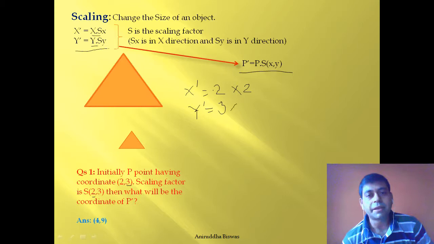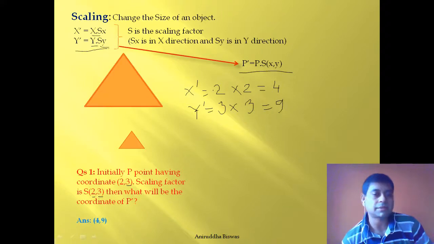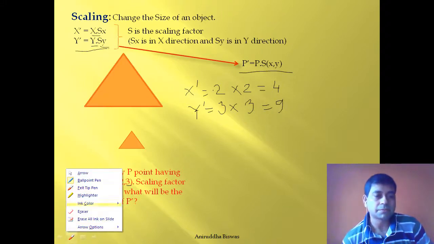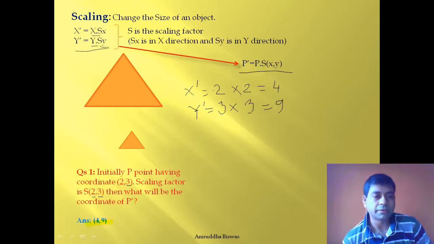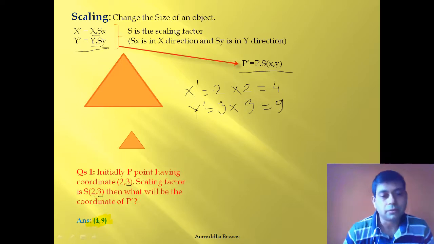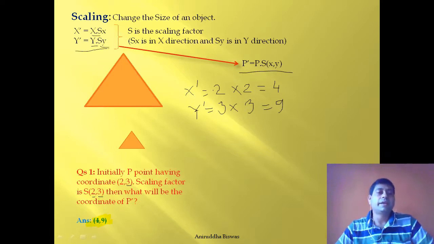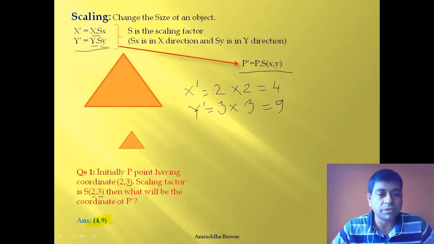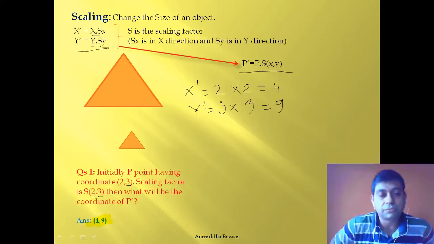We'll multiply it by Sy, and the value of Sy is again 3. So if we calculate it, it yields 4, that is the value of x dashed, and it is 9, that is the value of y dashed. So that is how the answer is 4, 9, right? So this becomes the answer after the scaling of point P, and it reaches a new point after scaling, so it is a positive scaling.